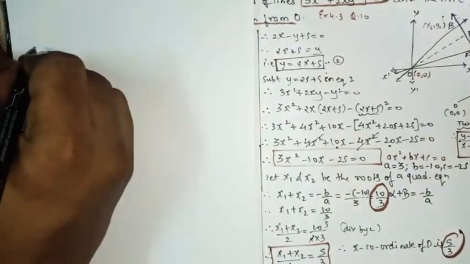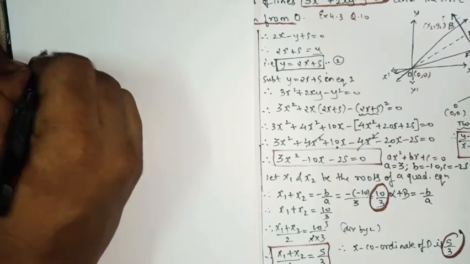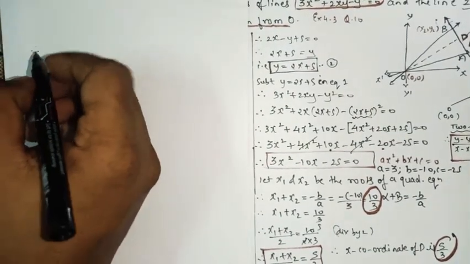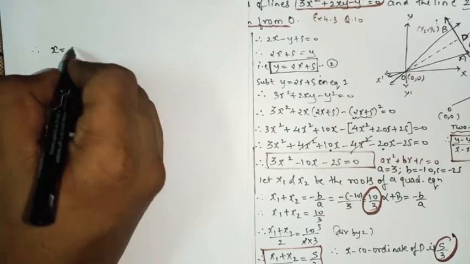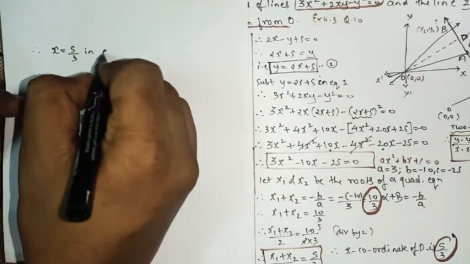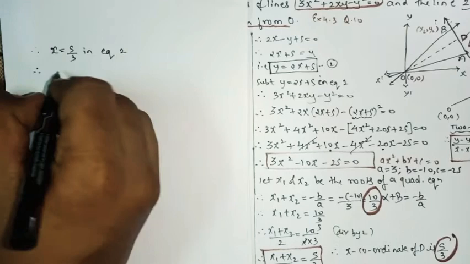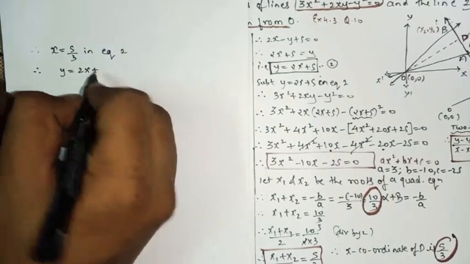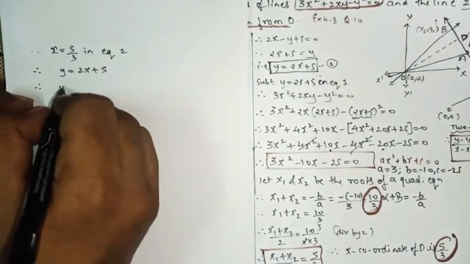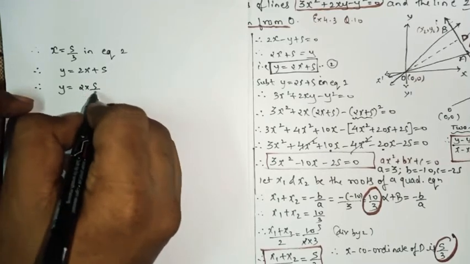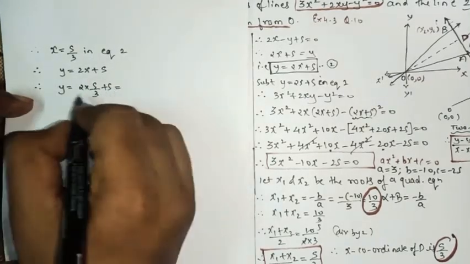So now we'll substitute the value of x, that means x equals 5 by 3, in equation number 2. That is y equals 2x plus 5. Therefore y equals 2 into 5 by 3 plus 5.